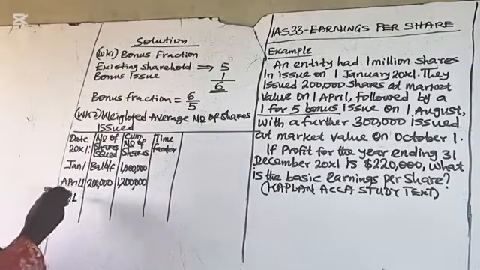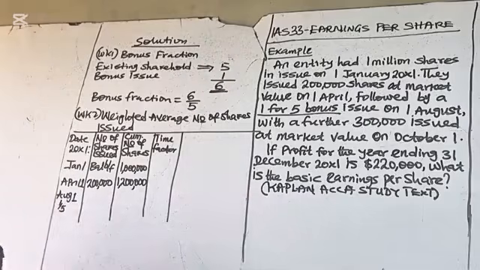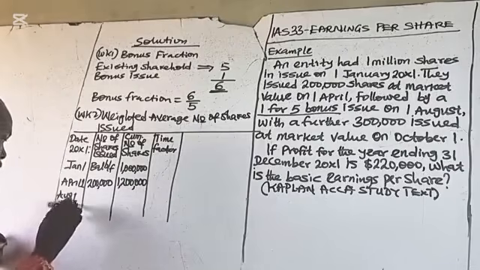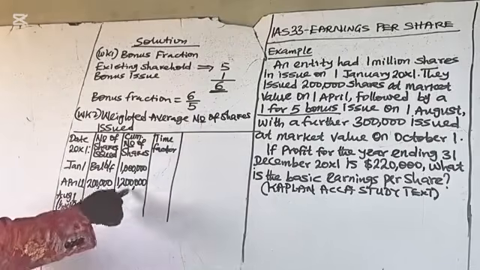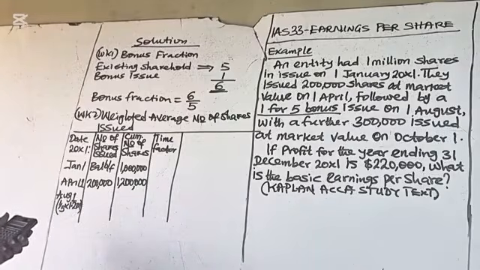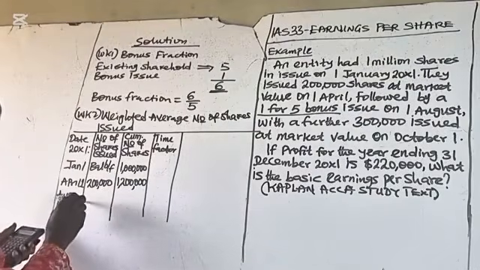Please note, 1/5 of what we have here as cumulative number of shares, which is 1.2 million. 1.2 million divided by 5 gives you 240,000.